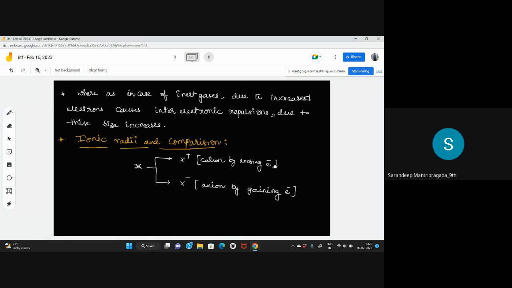Sir, X plus will have less and X minus will have higher. Why? Because X plus has more protons than electrons, so the pulling capacity will be greater, and X minus has more electrons than protons, so the pulling capacity will be lesser.